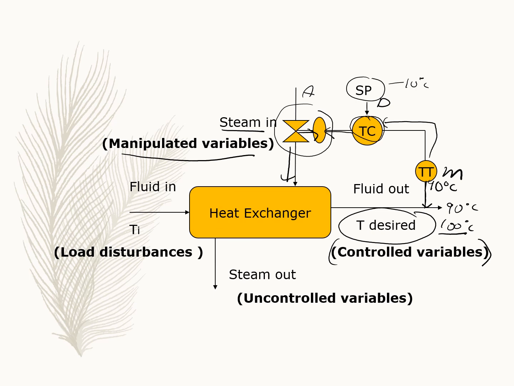Next is the disturbance. So this is the disturbance variable, also known as a load disturbance. Sometimes the temperature feeding in here in an ideal condition, the water is around 27 degrees Celsius, right? So maybe the surrounding area has been rainy for around 7 days already. So the temperature here may slightly drop to 23 degrees Celsius.